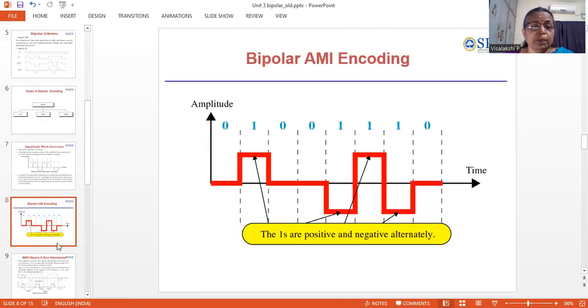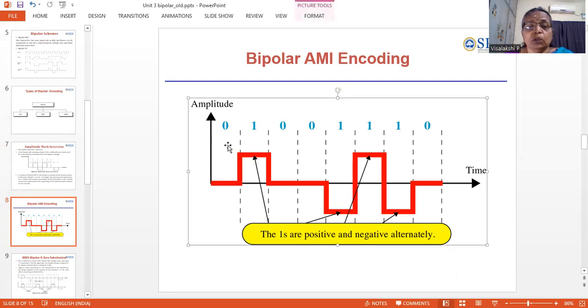Let us see an example for bipolar AMI coding. We have taken the 8-bit code 01001110. As far as AMI is concerned, 0 always has a base value, which is the minimum. The 1 values are represented as positive and negative alternately.